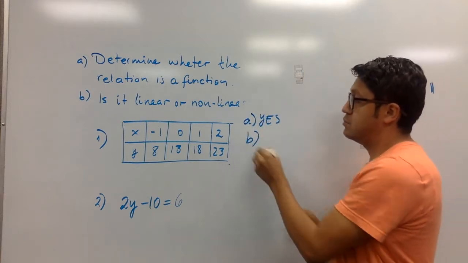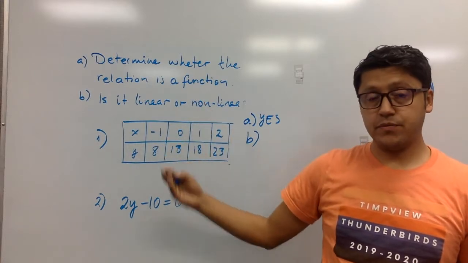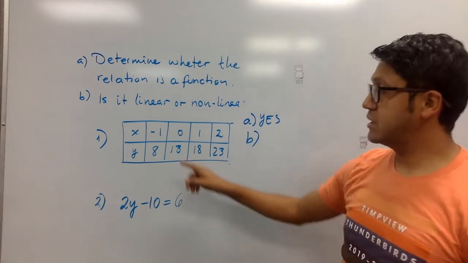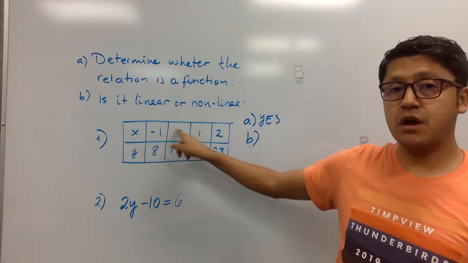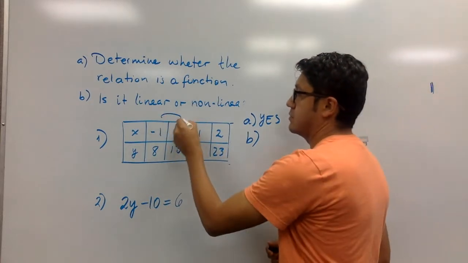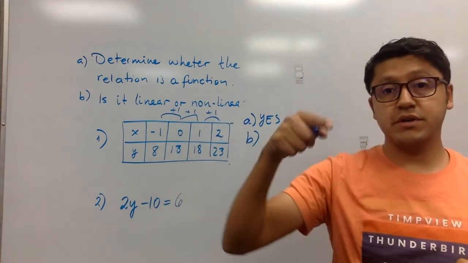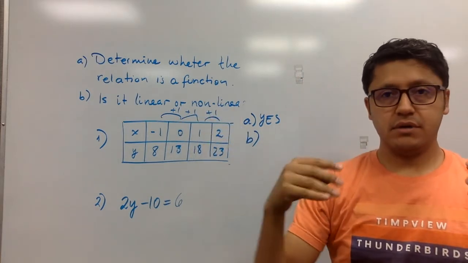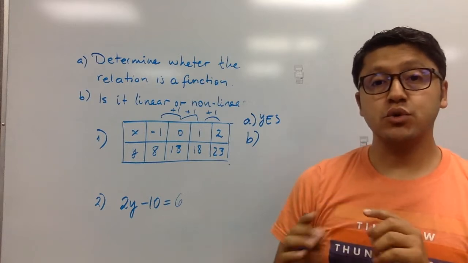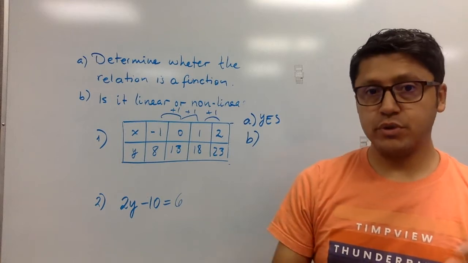Now, B, we need to determine whether it is linear or non-linear. The way we determine linearity is, look at this. The inputs are increasing by 1, so that's the first thing we need to make sure. We are increasing by 1s, and now here is the key aspect of it. We need to see what happens with the y values or the outputs.